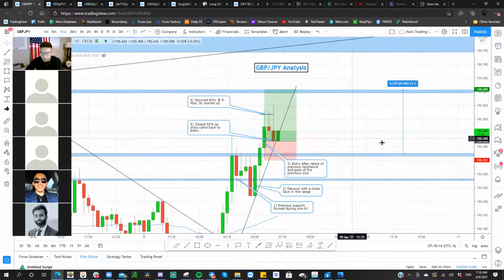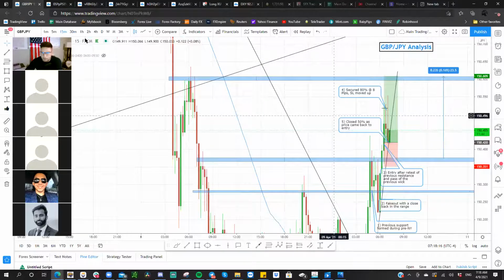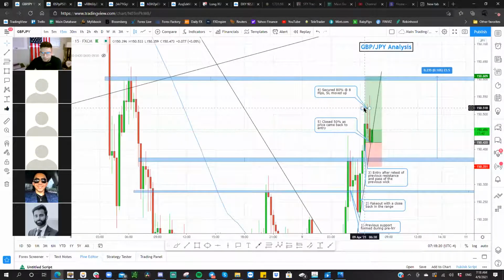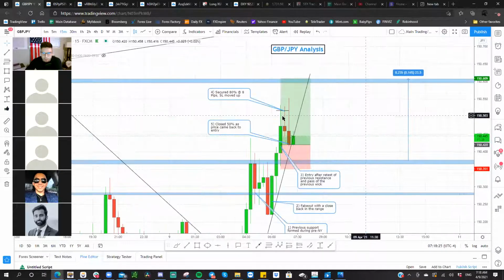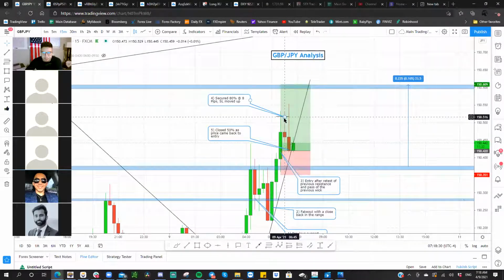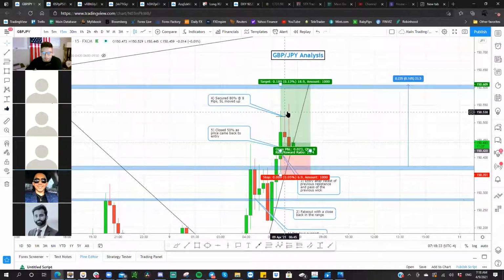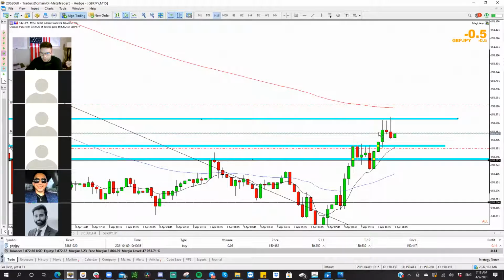When price came up and made this push, then this candle went bearish a little bit, and then finally made one more push up to retest this wick, that's why I decided to secure at 8 pips instead of waiting for 10. Nice. I could have gotten 10, but on my MetaTrader I got slipped a little bit. I entered a little bit later, so I ended up securing up here at 8.